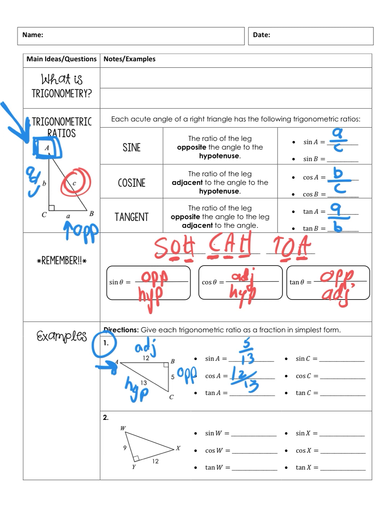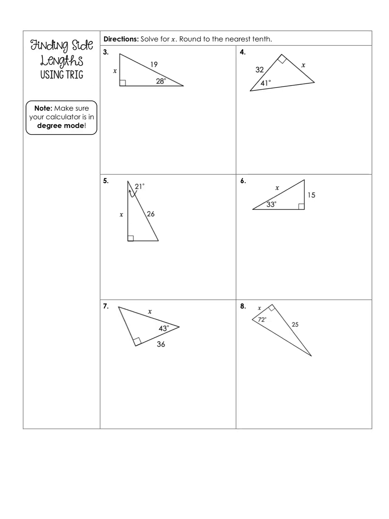So then tan A, what's the tangent of A? The tangent of A would be the opposite side over the adjacent side, the opposite side, 5, over the adjacent side, 12. So that's going to be 5 over 12. So far, so good?